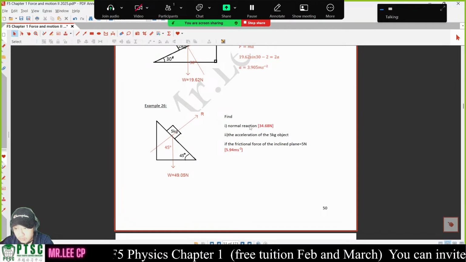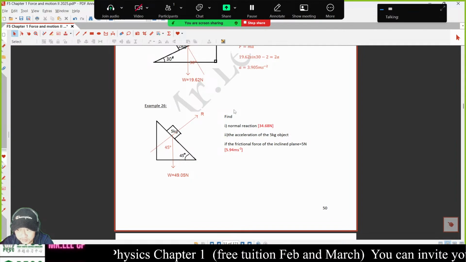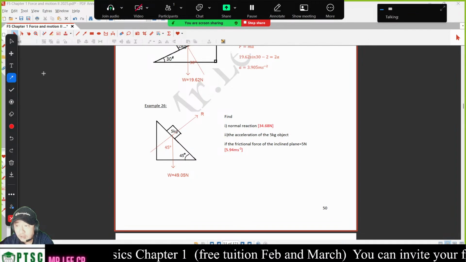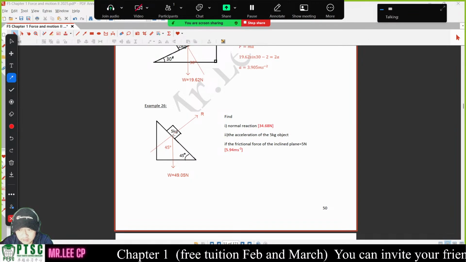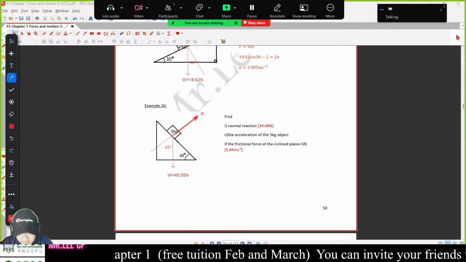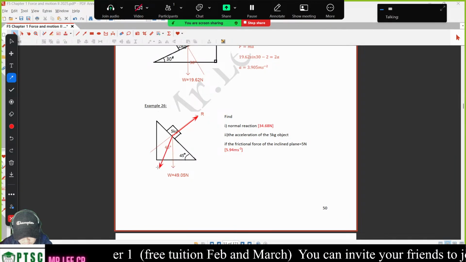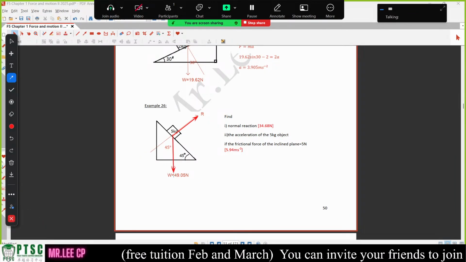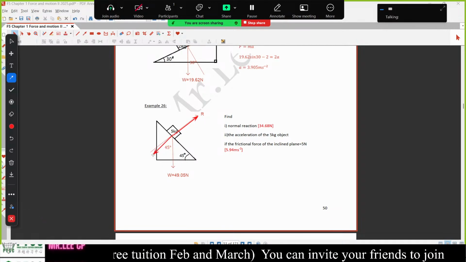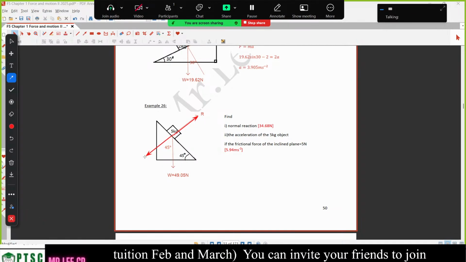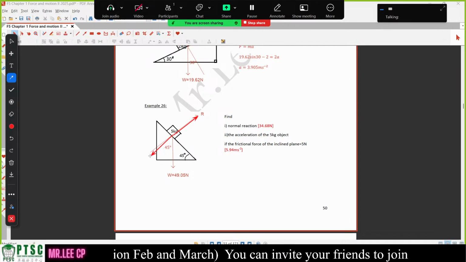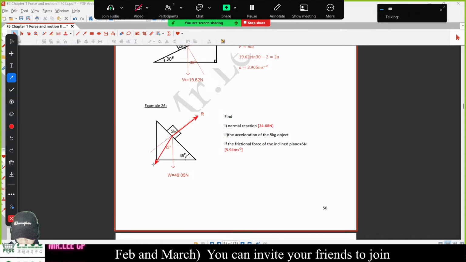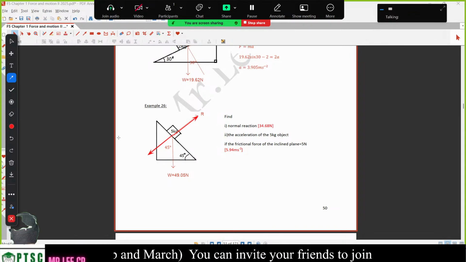Now what they are asking me, normal reaction how much? Okay, if they want to find the normal reaction, so this normal reaction is equal to W, right? I bring to here, right? This W 49.05, touch or not touch 45? Touch, right?